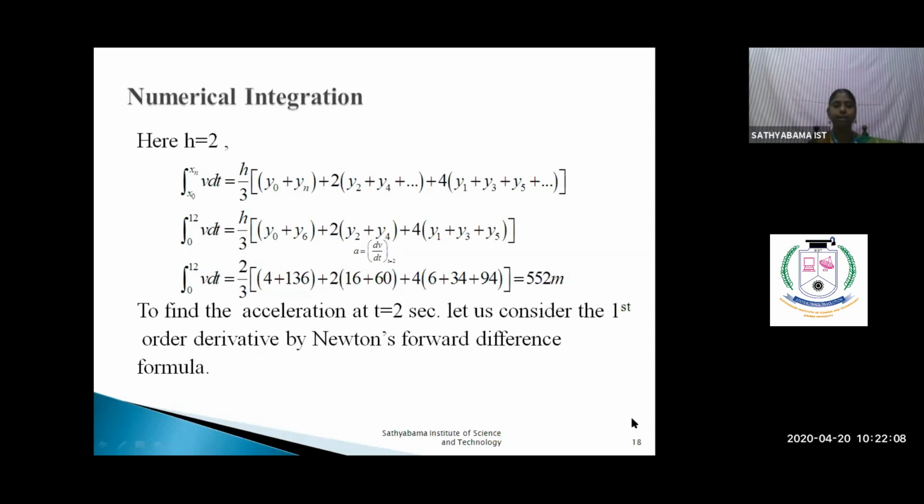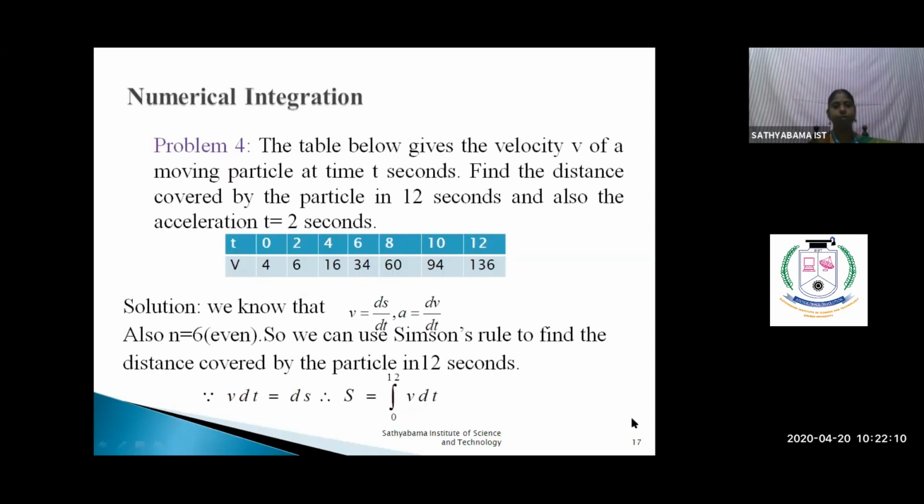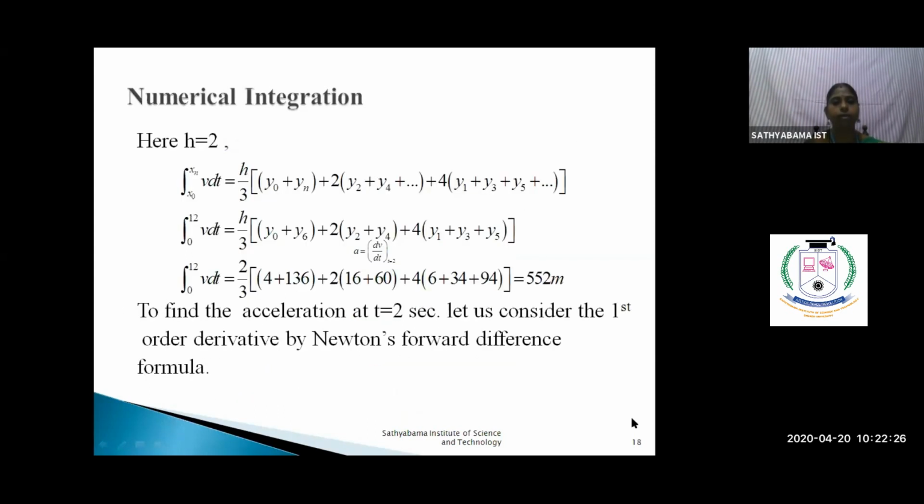Okay, and what is h? h is the length of the x interval: 0 to 2, 2 to 4, 4 to 6, 6 to 8, 8 to 10, 10 to 12. Those are your x values; here it is t. So h is 2.